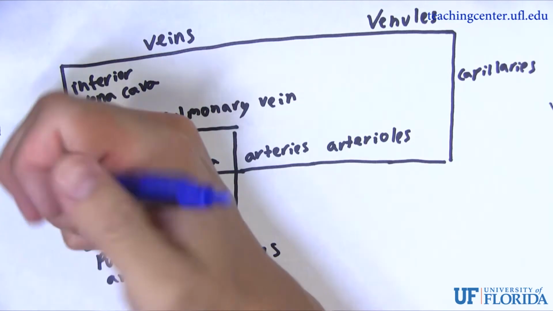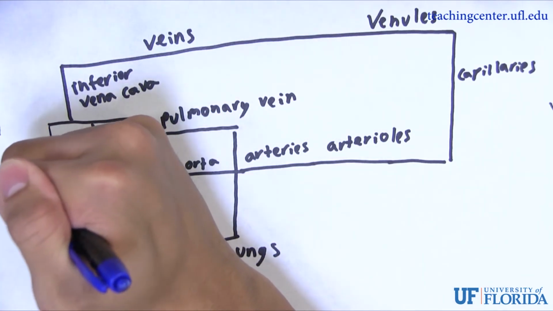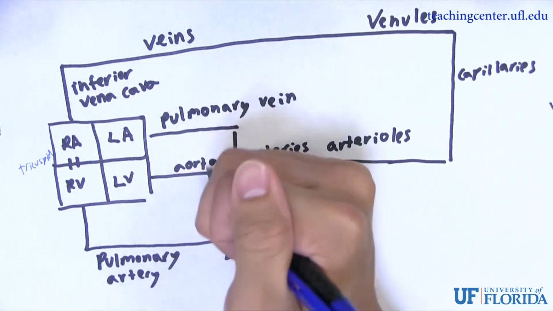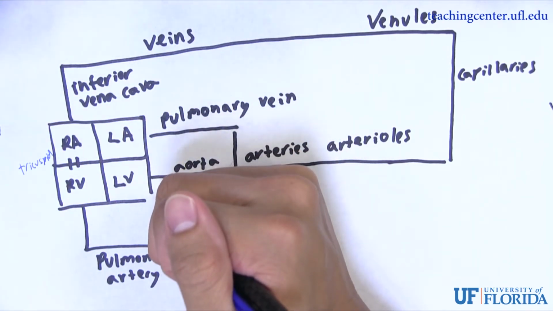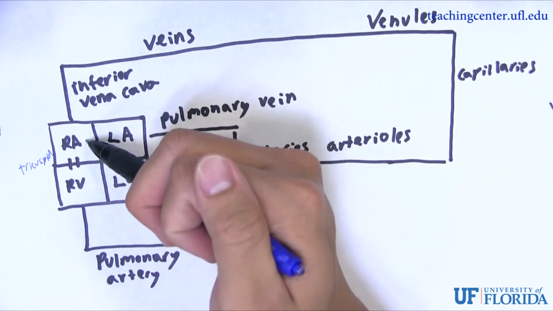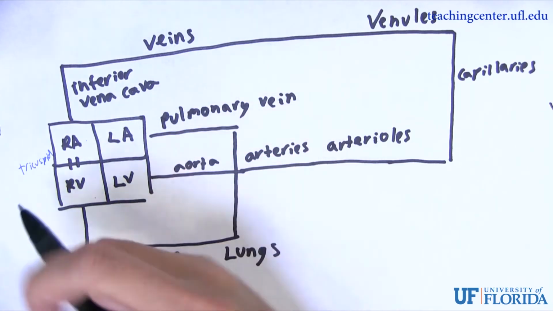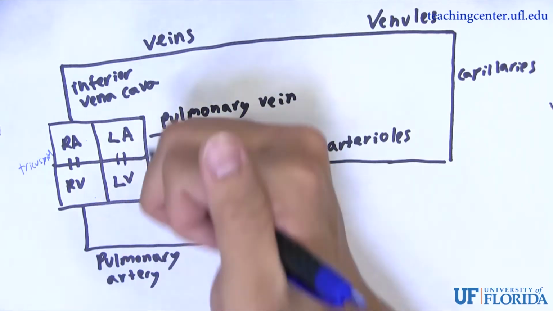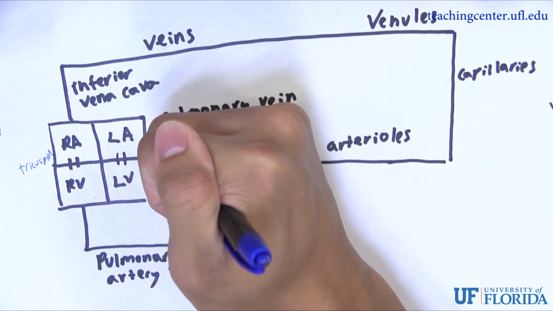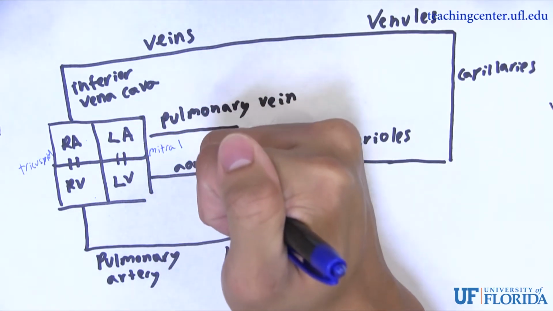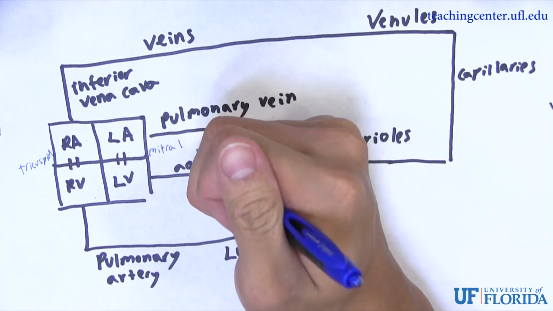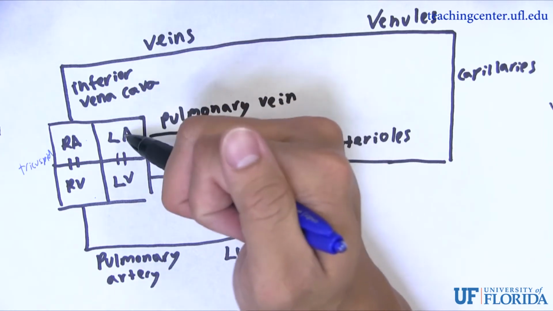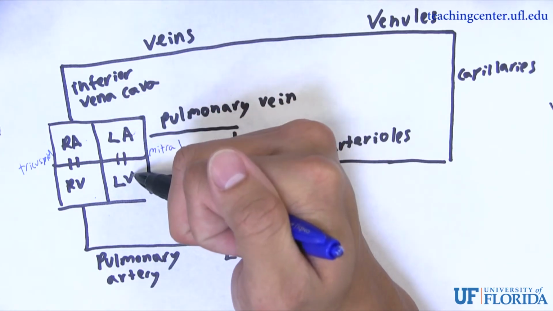The tricuspid valve, also known as the right atrioventricular valve, connects the right atrium to the right ventricle, while the mitral valve, also known as the left atrioventricular valve or the bicuspid valve, connects the left atrium to the left ventricle.